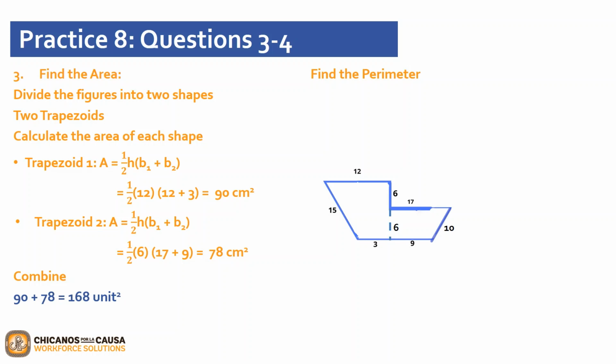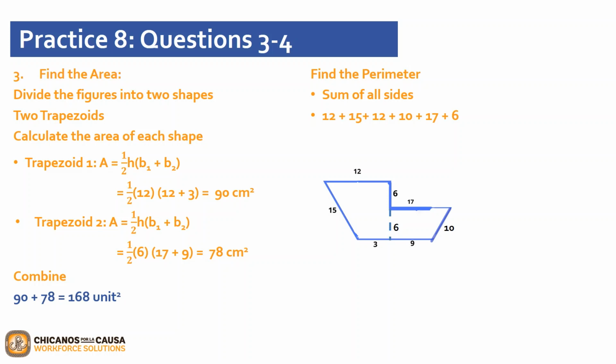So now let's find the perimeter for this question. Remember, in order to find the perimeter, we have to sum all sides. In this case, each side has a measurement. So we're going to add all of those sides together except the measurement of number 6, the one that's right smack dab in the middle of the trapezoid, because we don't need that at this time.